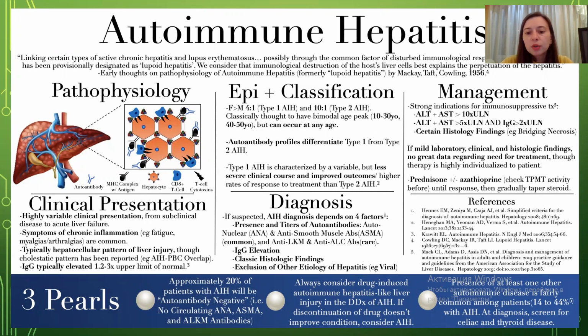If discontinuation of the drug doesn't improve the condition, consider this variant of hepatitis. And presence of at least one other autoimmune disease is fairly common among patients with autoimmune hepatitis, and in diagnosis, screen for celiac and thyroid disease.